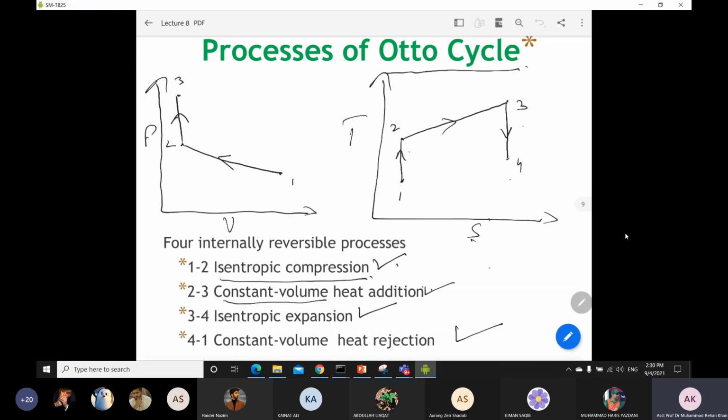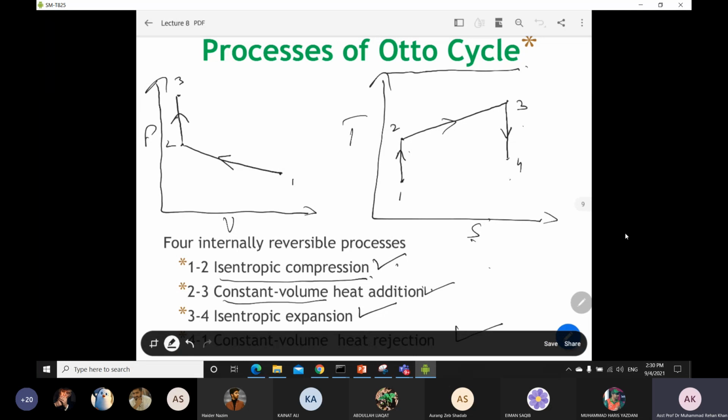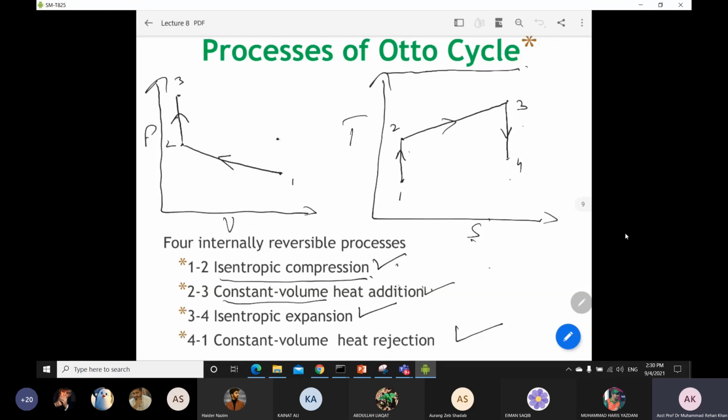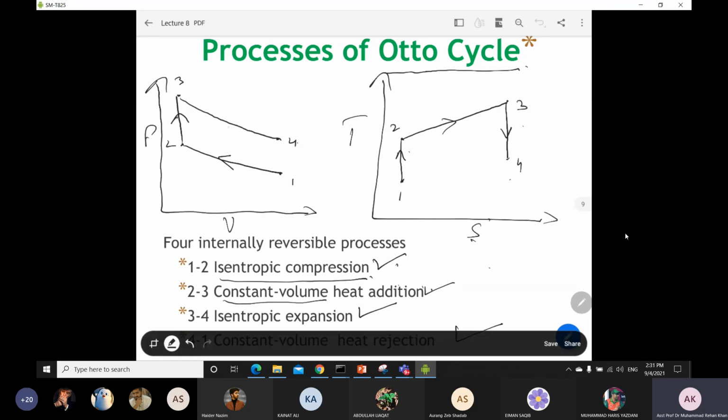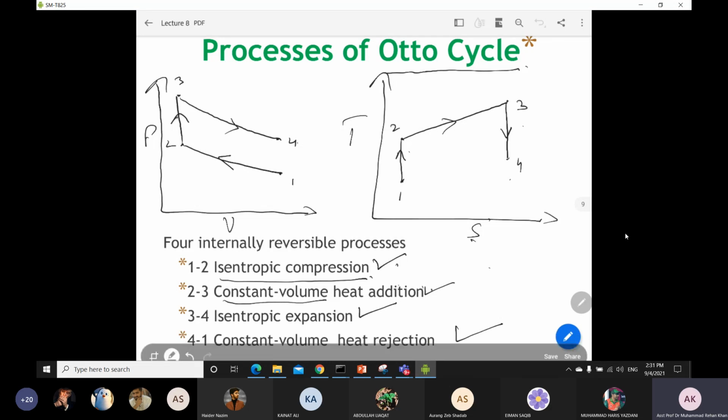For your isentropic expansion, your volume will increase when there is expansion, and your pressure will decrease. So if there is a point 3, your point number 4 will be towards your right side, because there will be an increase in volume. So this is your 3 to 4.